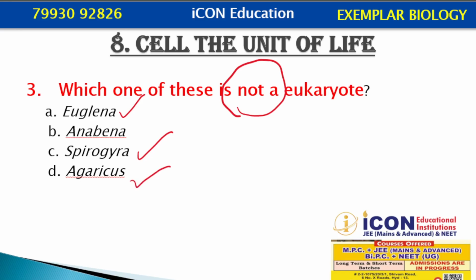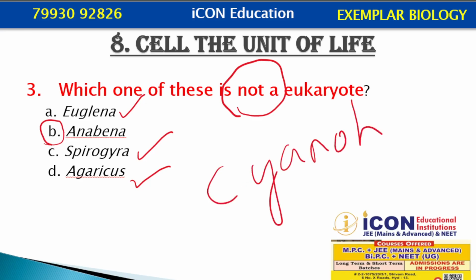So all three are eukaryotic except one, that is B, Anabaena. Anabaena is a cyanobacterium, which is a prokaryote. So Anabaena is not a eukaryote, it is a prokaryote.